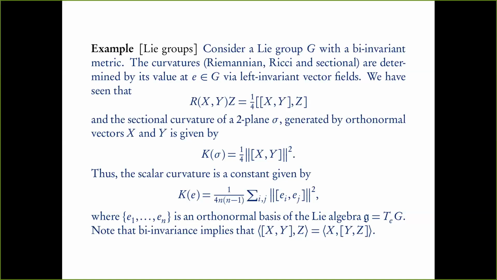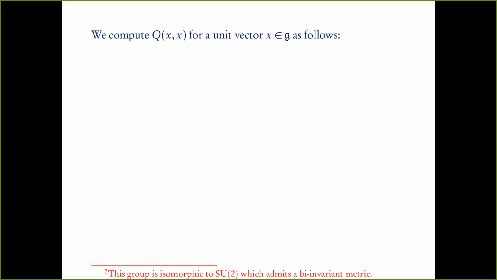So what we want is to calculate the Ricci curvature, right? How do we calculate the Ricci curvature? Well, we simply compute Q(x,x) and then divide by n minus 1, because that's really what the Ricci curvature is. So what is Q(x,x)? Well, it's nothing but the sum of the sectional curvatures of the plane spanned by x and z_i, where z_i is going to be an orthonormal basis, right?